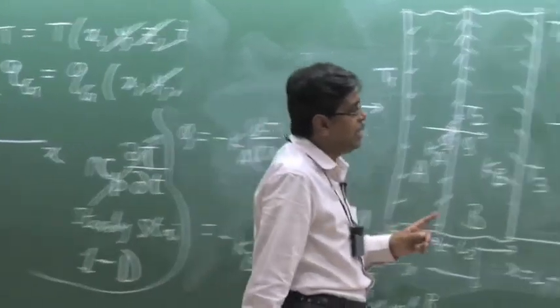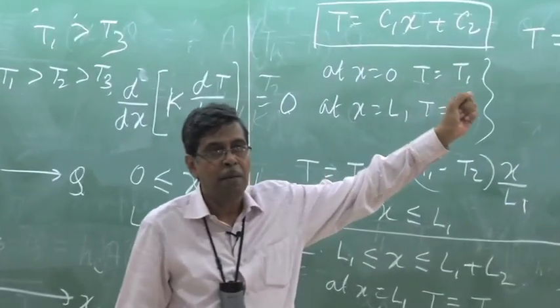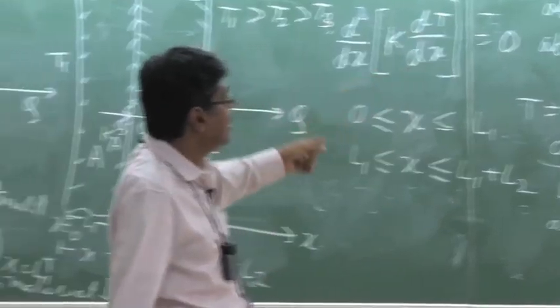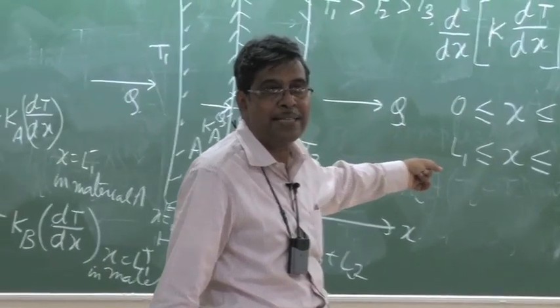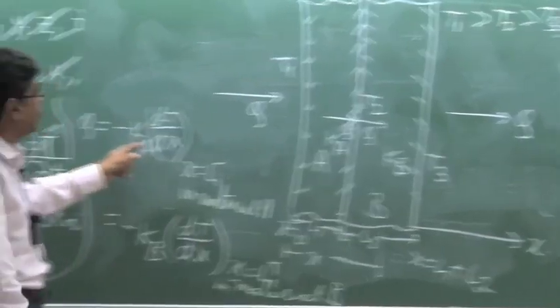So though the temperature function is continuous, we find a discontinuity in the slope at x equal to L1, and the quantitative picture is clear from this.